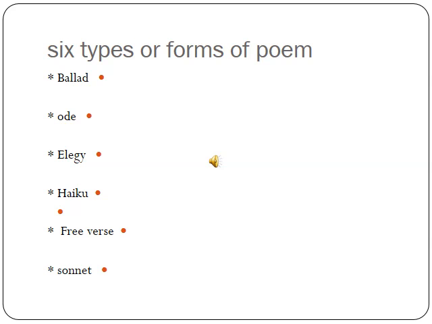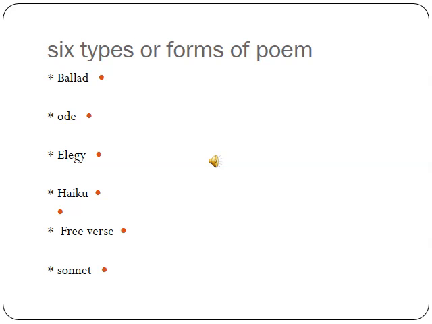Those are the 6 types or kinds of poems: ballad, ode, elegy, haiku, free verse, and sonnet. So when you face such a question, what are the 6 types of poem? You are going to mention ballad, then ode, then elegy, haiku, free verse, and sonnet.